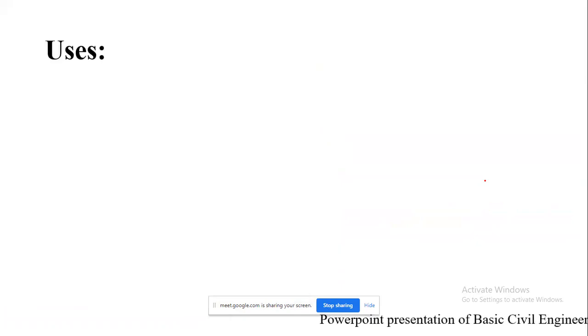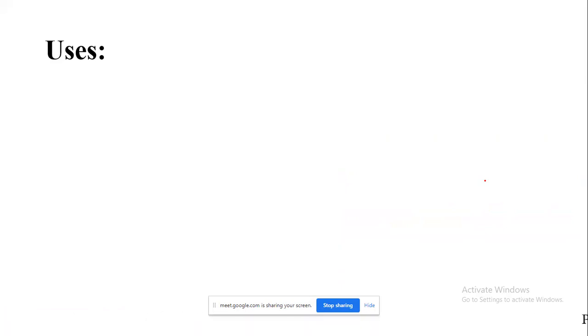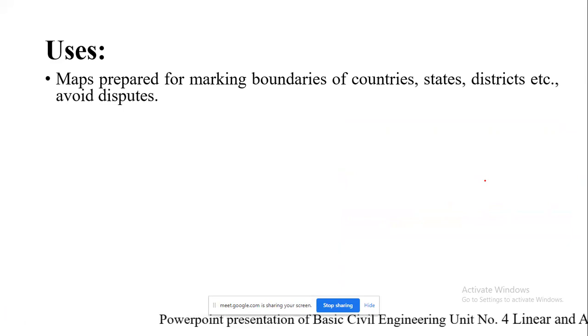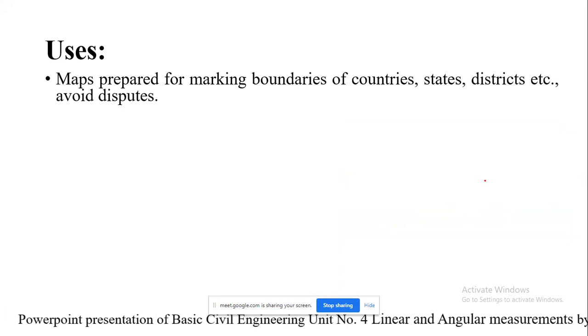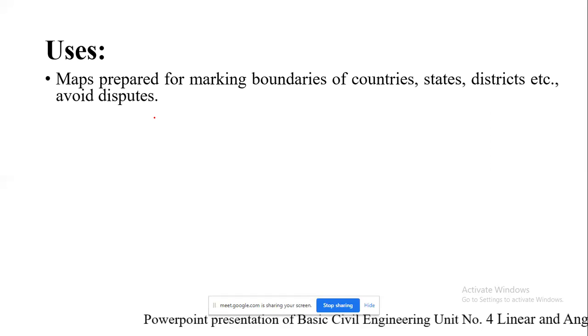So now what is the use of this survey? One use is to measure the distance between two objects or 2 points on the surface of the earth and prepare a map. So now we'll see what the different uses of this are. There are certain applications of surveying. Maps are prepared for marking the boundaries of countries, states, districts, etc. in order to avoid disputes.